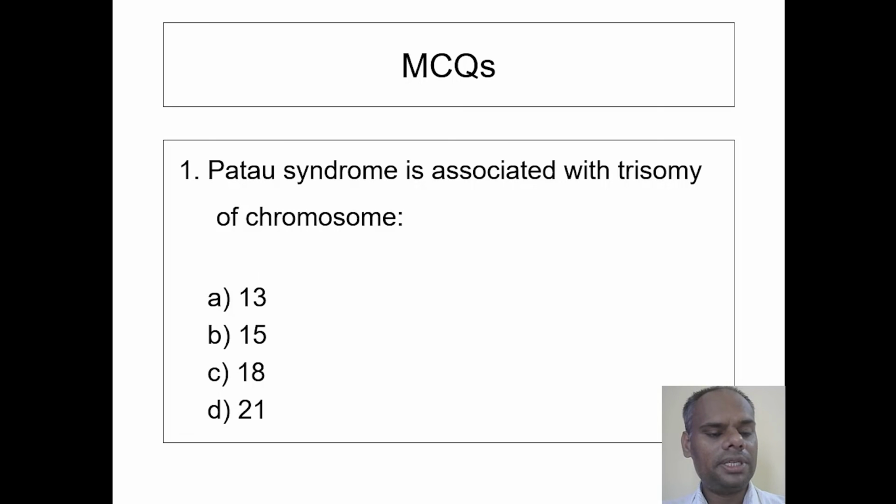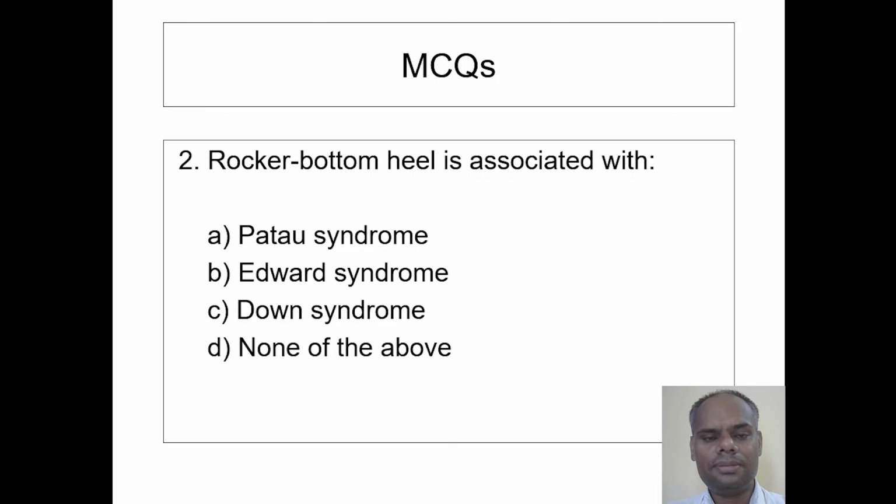Here, I am presenting a few MCQs in order to check your understanding of the topic being taught. Please try to provide the correct answer in the comment section of YouTube. The first MCQ is: Patau syndrome is associated with trisomy of chromosome 13, 15, 18, or 21. Next MCQ is: Rocker bottom heel is associated with Patau syndrome, Edwards syndrome, Down syndrome, or none of the above.